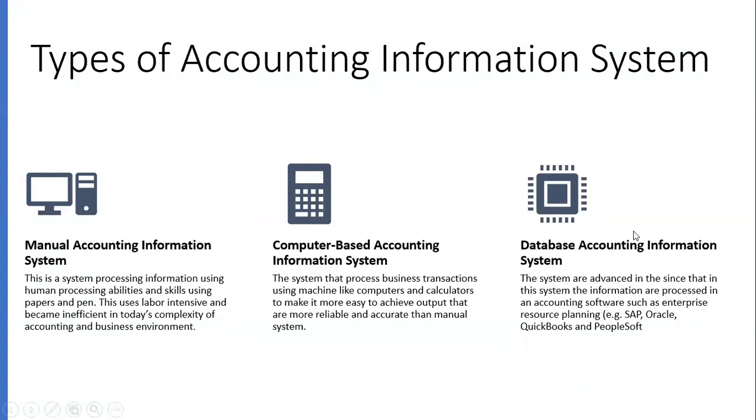So these are the different types of accounting information system: the manual accounting information system, which uses books like columnar books, journal books, or ledger; the computerized accounting information system, which is the integration of technology in the form of computers; and the next, advanced one, where you have accounting software, which is the database accounting information system.